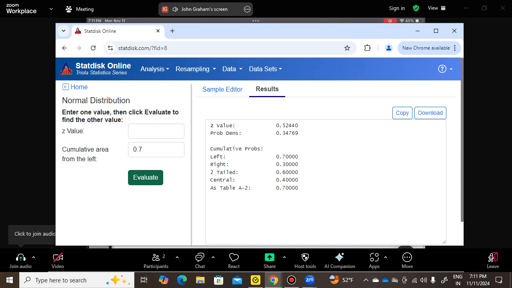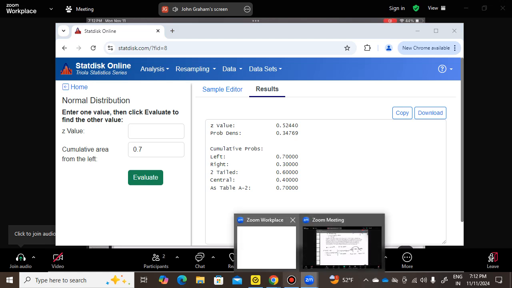And this next one, the higher number, would be 15 times 0.5244 plus 100. We're at 107.866.